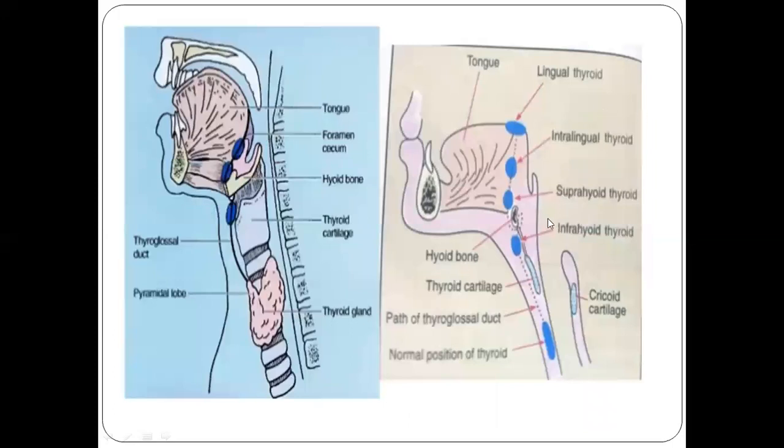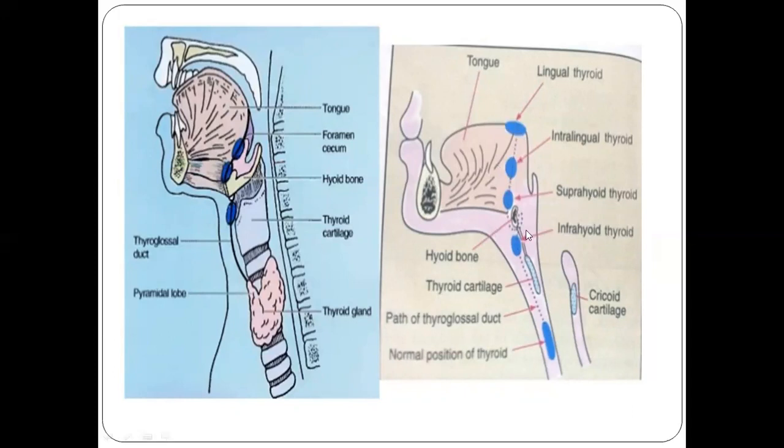Ectopic thyroid gland, sometimes it is present inside the substance of the tongue, called intralingual thyroid, and sometimes it is lingual thyroid, in the posterior one third of the tongue.